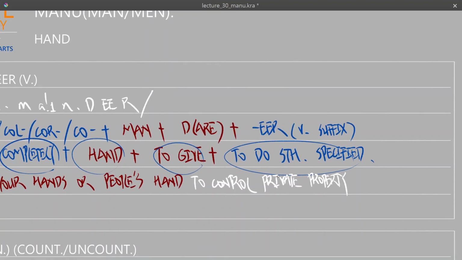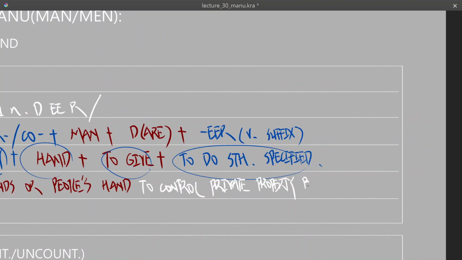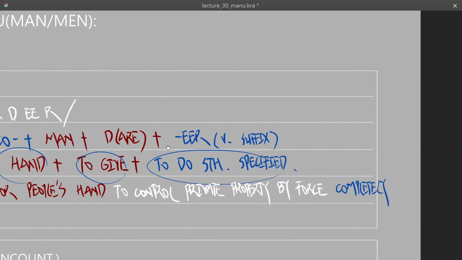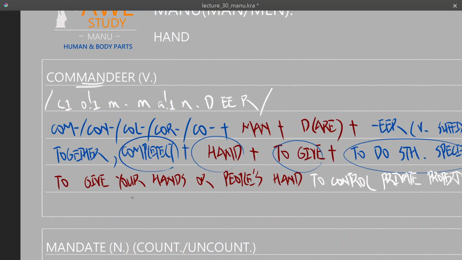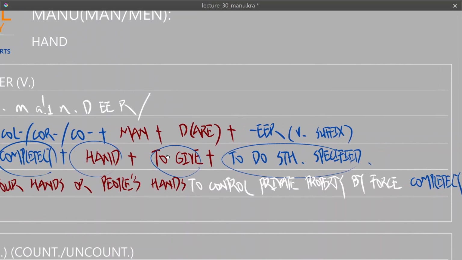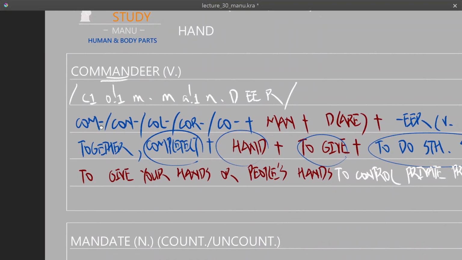To control private property by force completely. To give your hands, or people's hands, those hands to control private property by force completely. Commandeer.